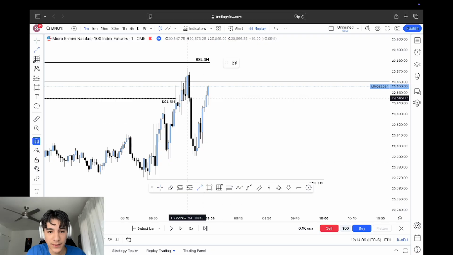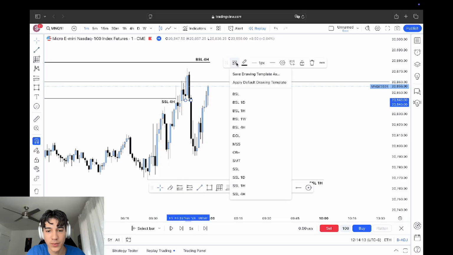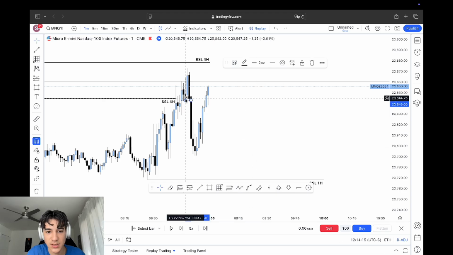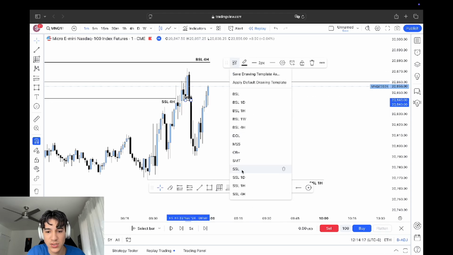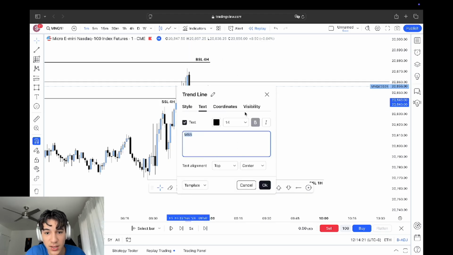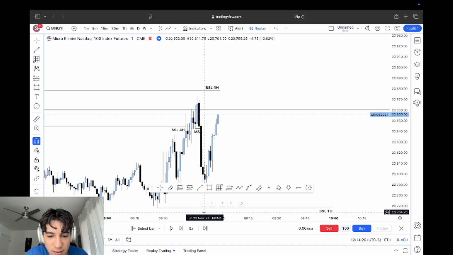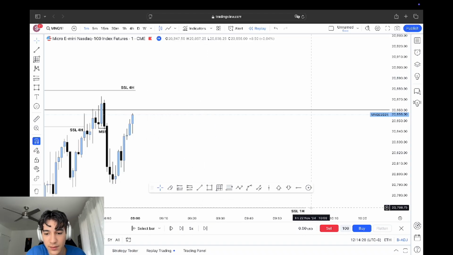We got this little market structure shift right here. What a market structure shift is, it's when price closes above or below the last high or low of the manipulation leg. And what that means is we can see that here.